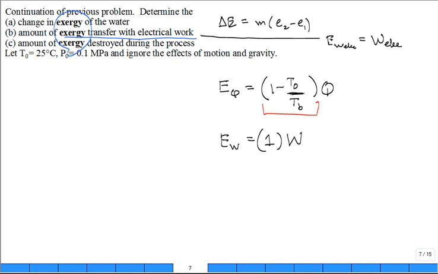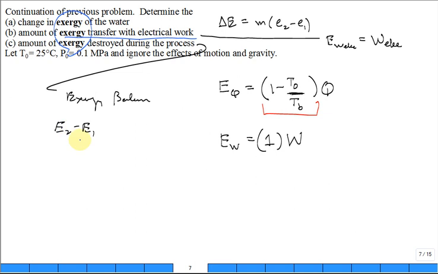How about the last part, C, amount of exergy destroyed during the process? I would say exergy balance. And so what does our exergy balance equation look like? It looks like the final exergy minus the initial exergy.